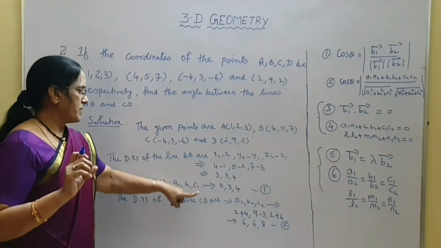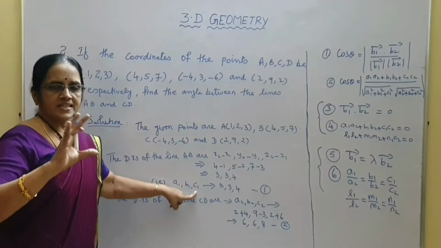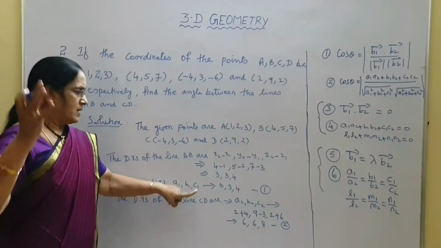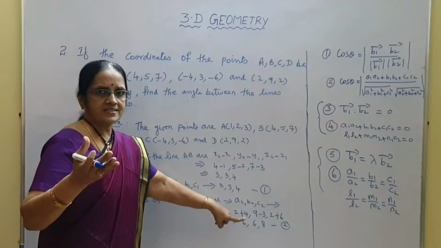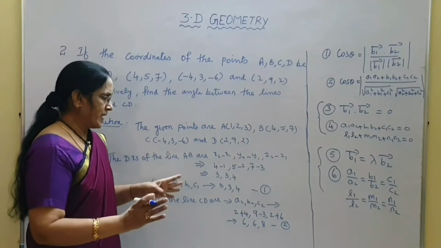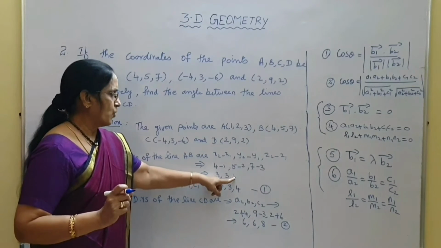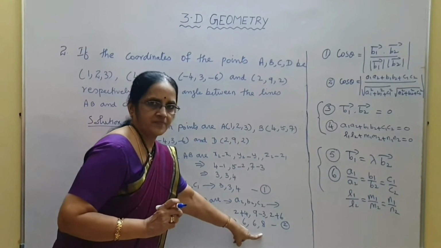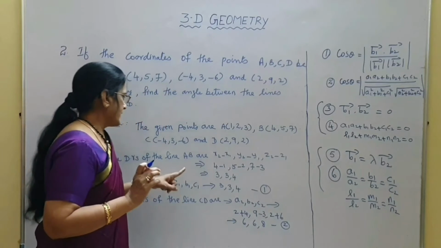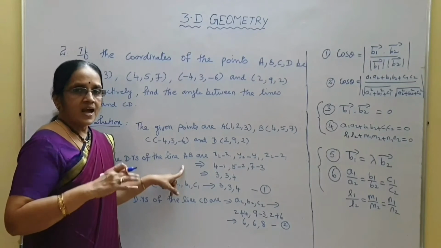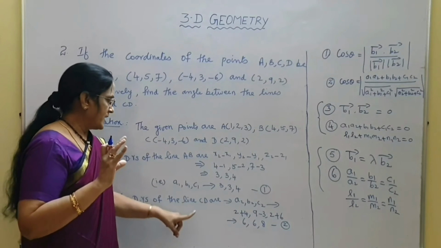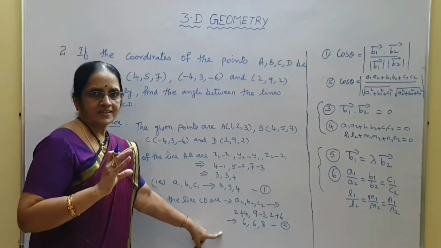You know A1, B1, C1, that is DRs of the first line AB, and you know A2, B2, C2, the DRs of the second line CD. Now first you compare. See here 3, 3, 4, here 6, 6, 8. That is the DRs of the line AB is half of the DRs of the line CD.